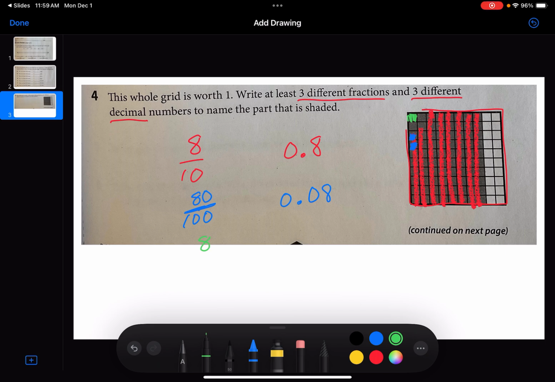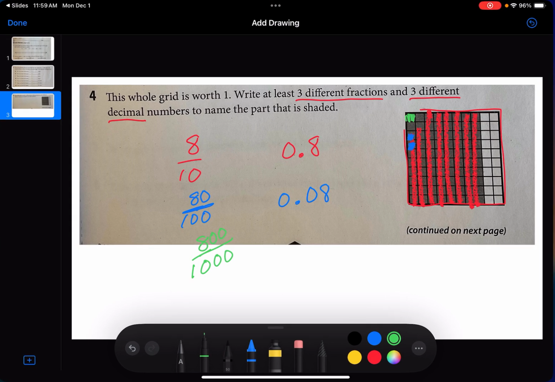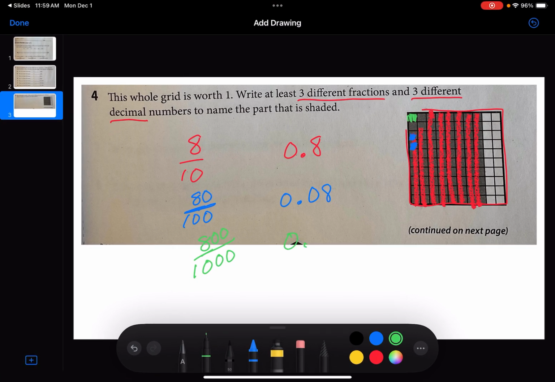So that would be 800 thousandths. Oh, I see I made a mistake here.